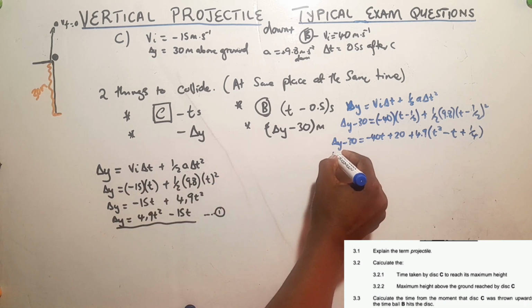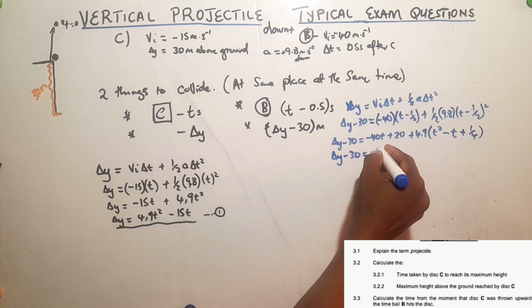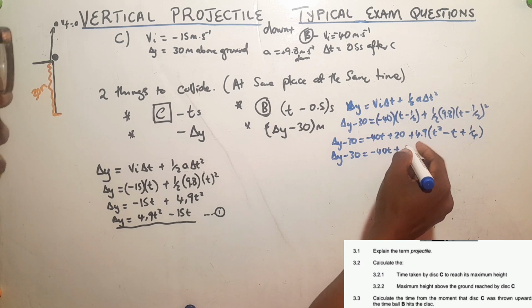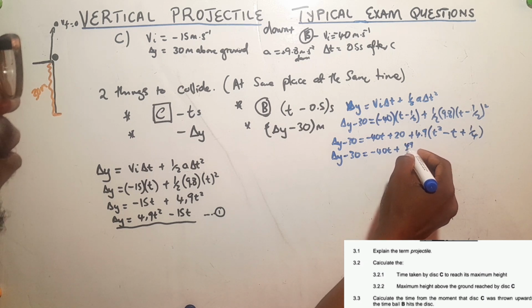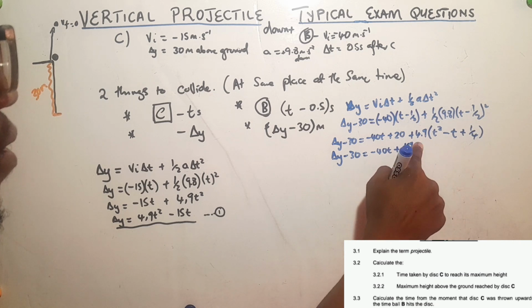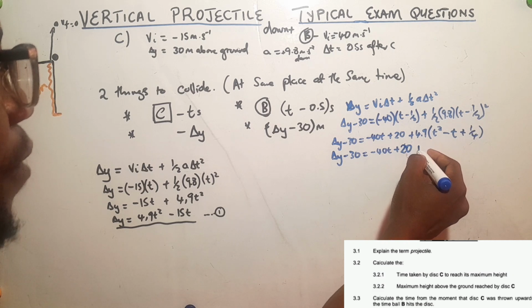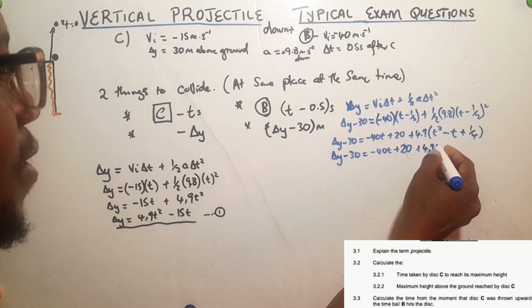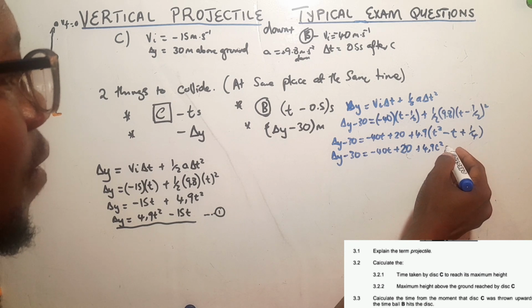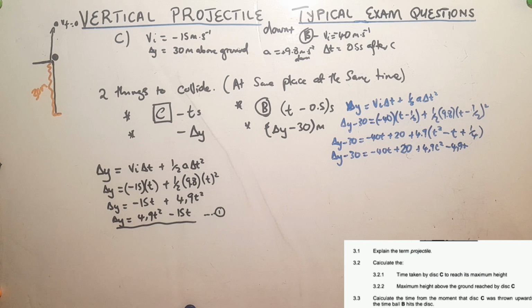So now it means that our change in y minus 30 becomes negative 40t plus 20, and then plus 4.9t squared minus 4.9t, and 4.9 multiplied by a quarter just gives us 4.9 over 4.